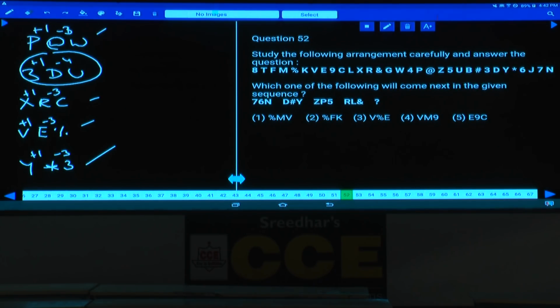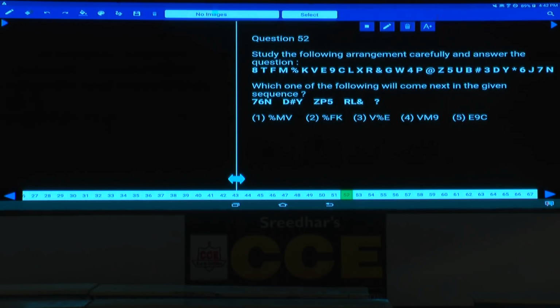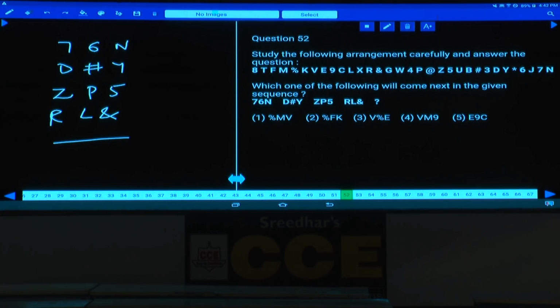Then question number 52: 7, 6 and so on. It comes under series, and what is the next element here? The terms are 7DZR, 6#PL, and so on. Between 7 and D, it is minus 5.